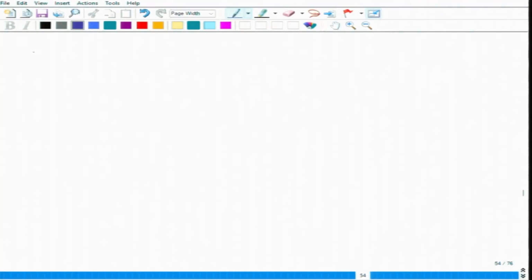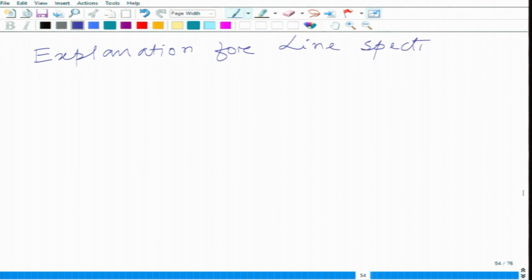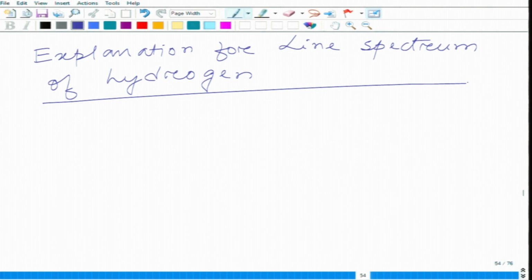So in terms of energy, we can express the emission spectra or absorption spectra, and we can explain the line spectrum of hydrogen.